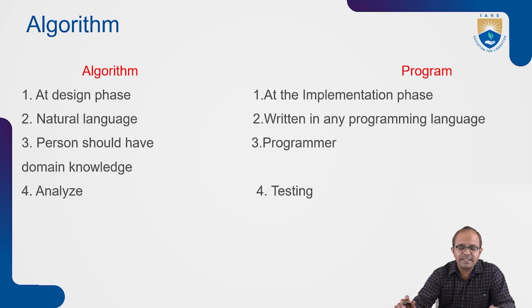Now let us find the difference between algorithm and program. Are both the same, or is there any difference? Are algorithm and program meant for the same? Of course, they are all for implementing or solving a specific problem. I can say that. First, we come up with an algorithm.